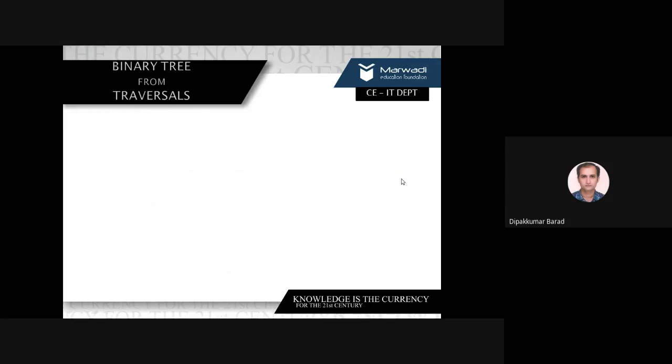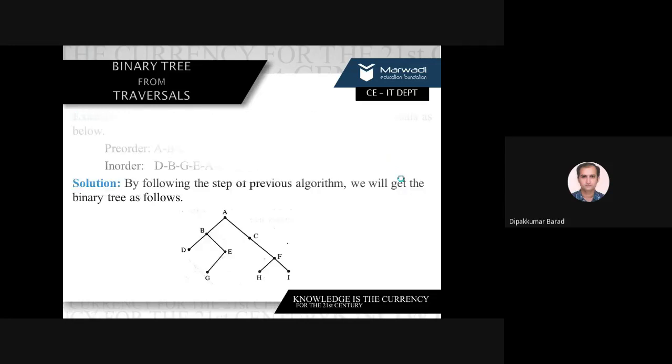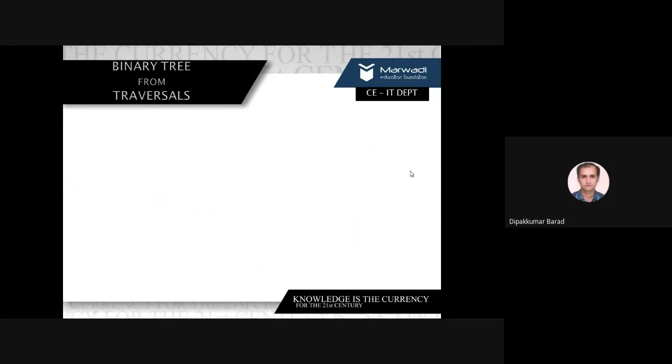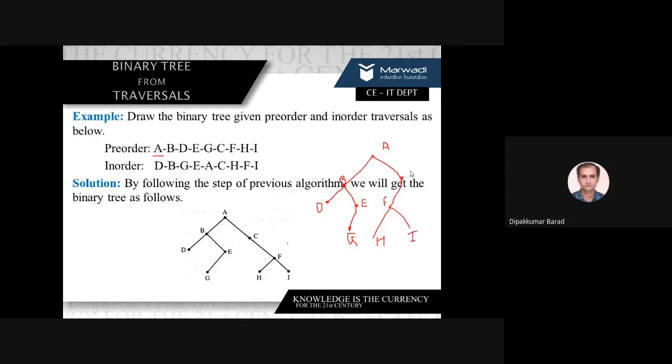Okay, F we get as a right child. So there is a correction here. Yeah, F is a right child, and then okay, fine. So I made a mistake for this. This is my C here. Okay, and then you get F right child, and for F here H and I, H left child and I as a right child. Okay, so there is a correction here.